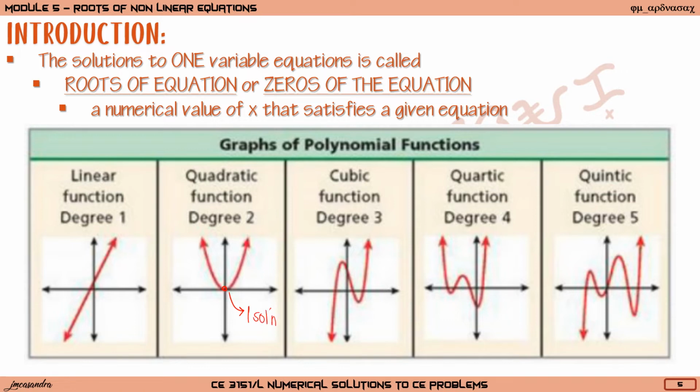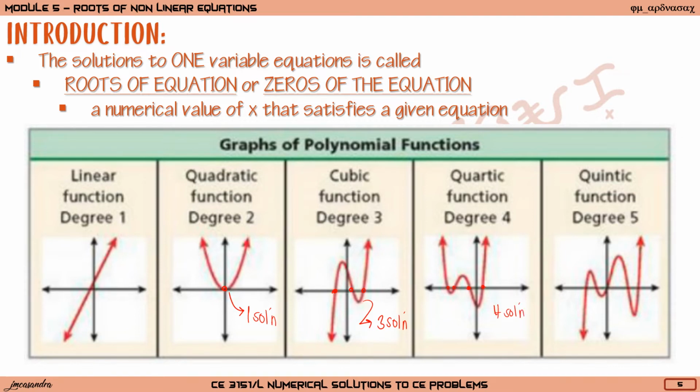For cubic function, we have 1, 2, 3 solutions. For quartic function, we have 1, 2, 3, 4. We have more than one solution, so on for quintic and so on.